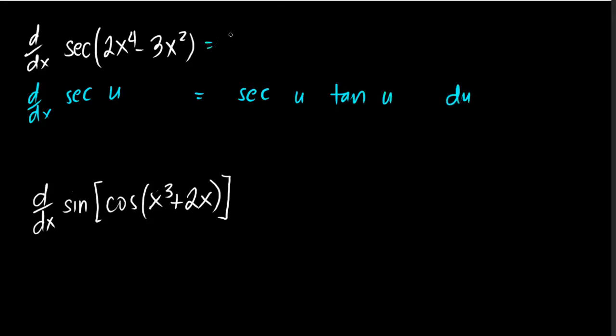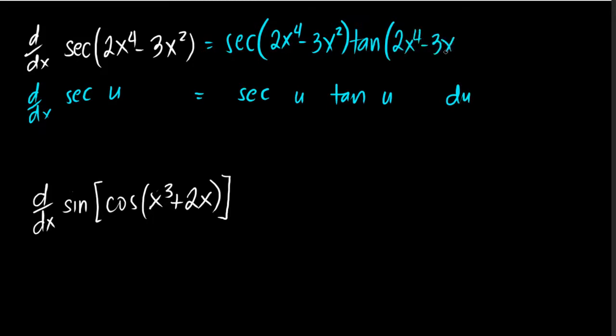So the derivative of secant u is secant u tangent u du. This means secant, capital function u, follow the parenthesis. Tangent, and the same capital u. And finally, derive u. This is 8x cubed minus 6x. And you're done. This one looks scary, right?